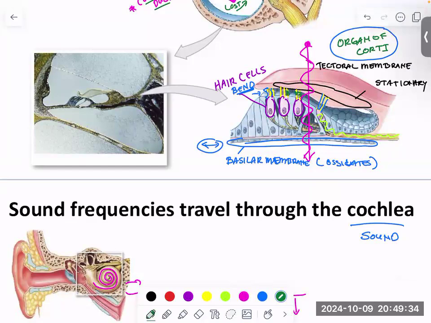The hairs will break after being exposed to high amplitudes, loud noises. After a concert, if you're really close to a speaker, you're going to hear ringing for a day or two, if you're lucky. If you're not lucky, and if that hair cell is permanently damaged, you're going to hear a ringing for the rest of your life. What is that called? Tinnitus.